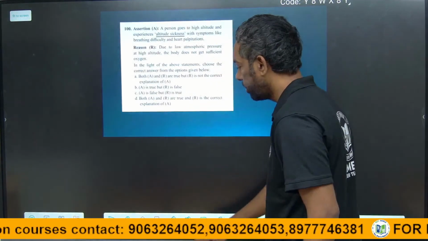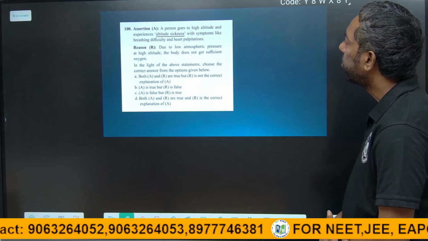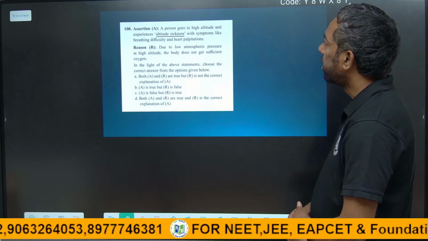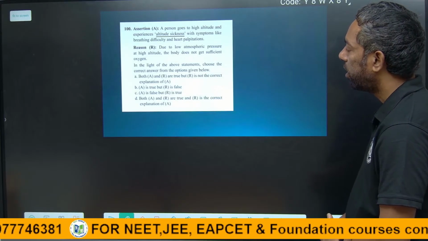Yeah, look into this. Acclimatization and region. A person goes to high altitude and experiences sickness, with symptoms like breathing difficulty and heart palpitations.